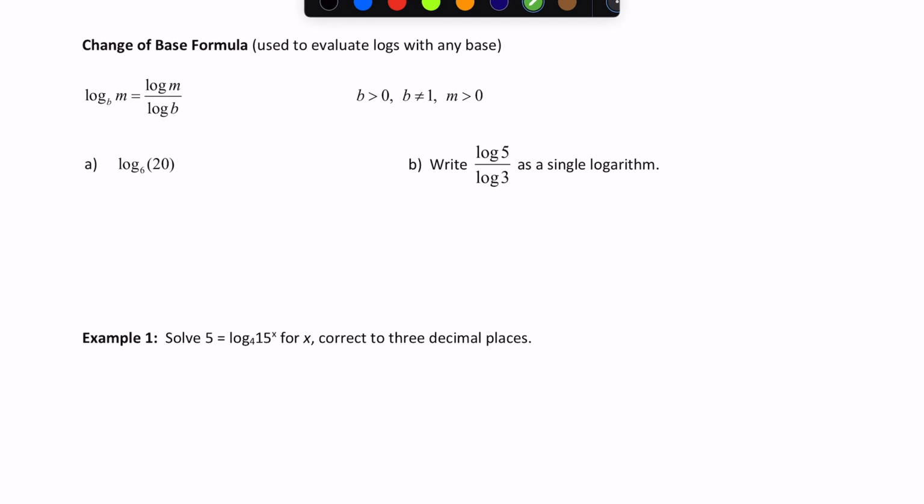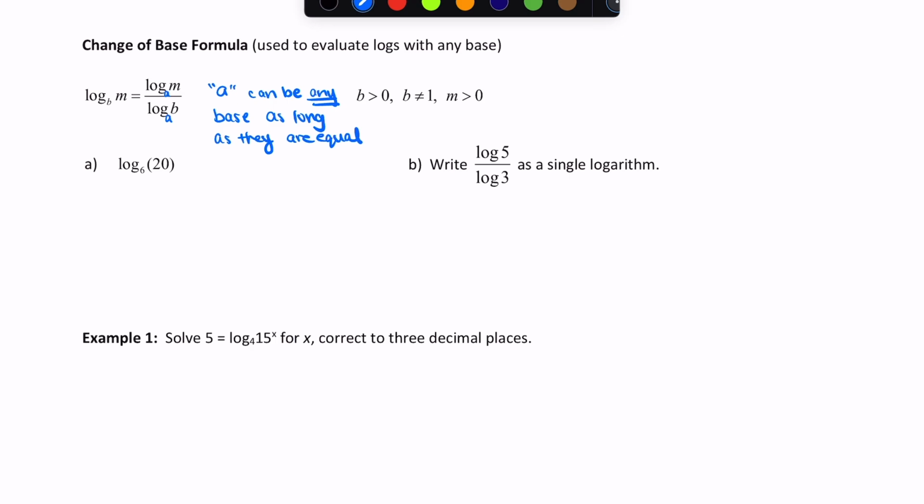This new base can be any base as long as they're equal. Here again, b has to be greater than 0, b cannot be equal to 1, and m has to be greater than 0.